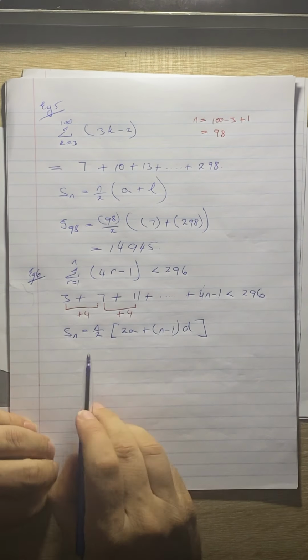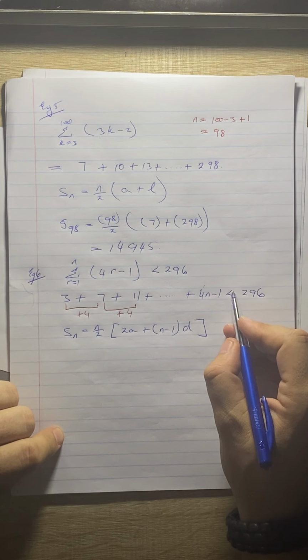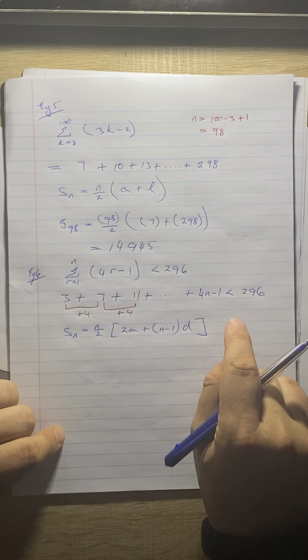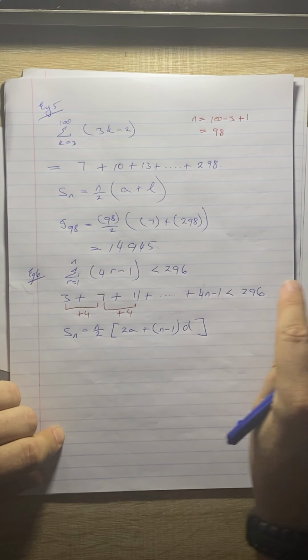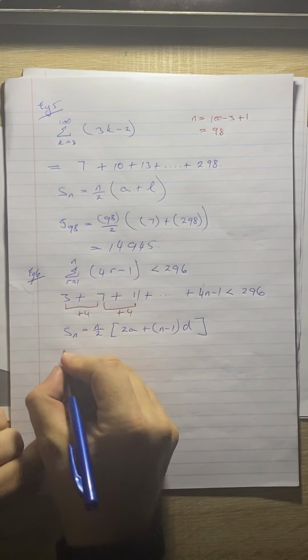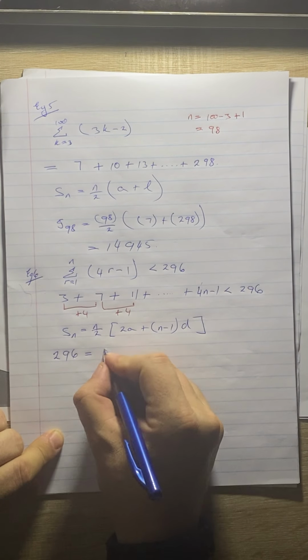Now I'm not going to use this inequality directly. What I'm going to do, grade 12s, is work out how many of these things I must add up to actually get a total of 296. So I'm going to make my total 296.